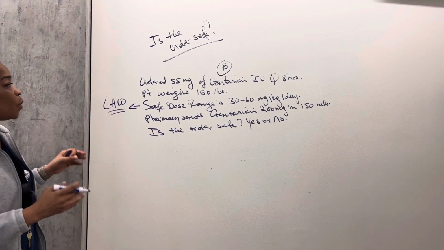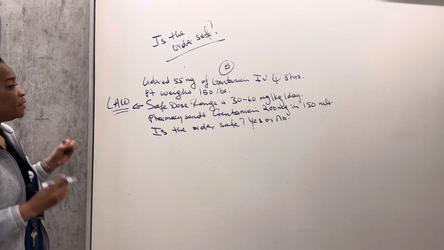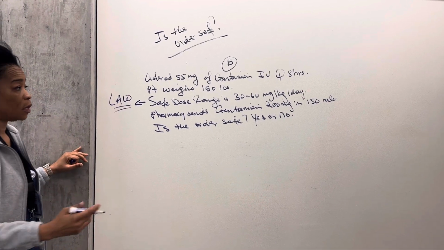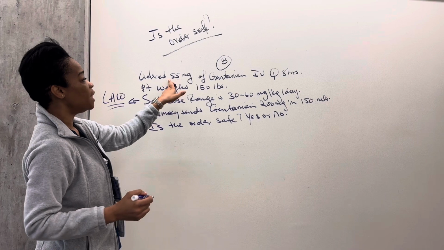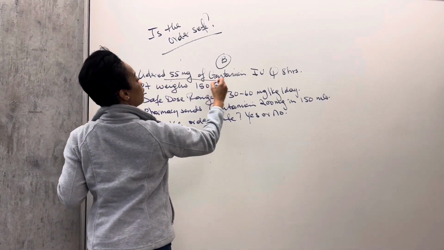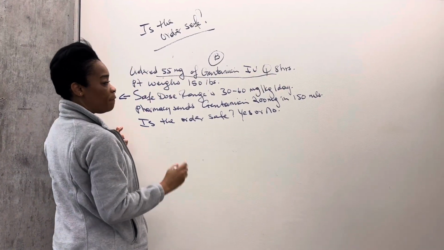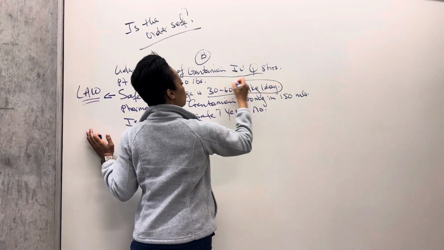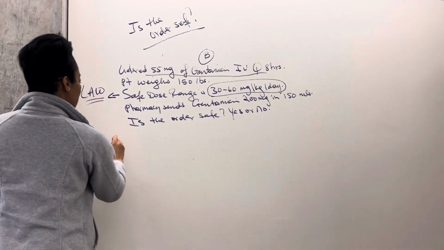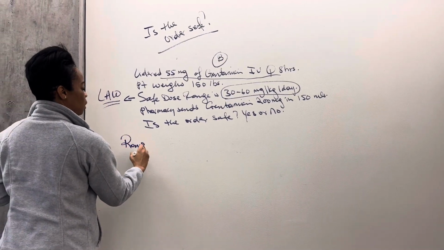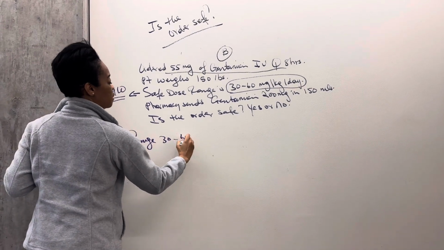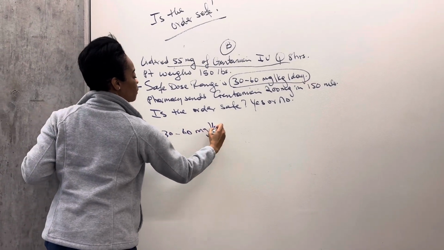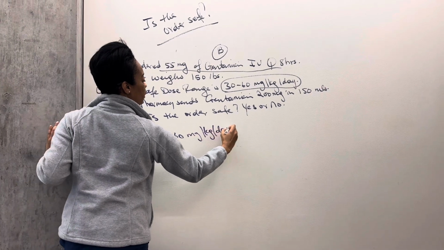Okay? So we are trying to check the physician or the nurse practitioner's order. Right? We want to know if this order fits between these two numbers. So this is the range, 30 to 60 milligrams per kilogram per day.